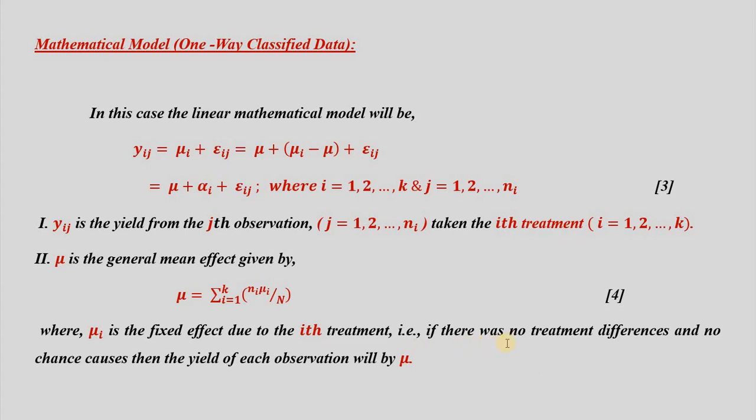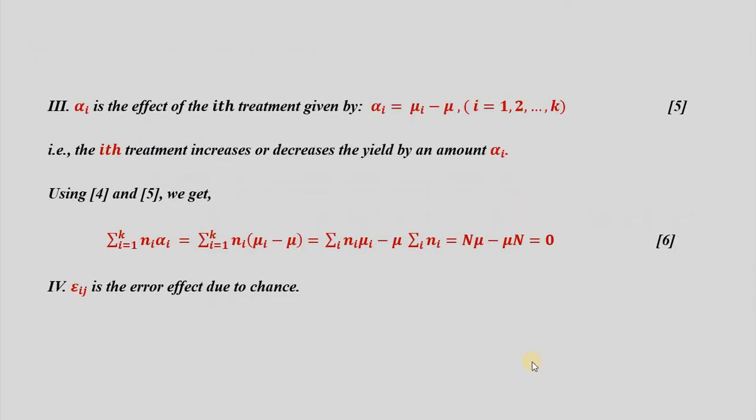That is, if there were no treatment differences and no such causes, then the yield of each observation would be mu. Then alpha i is the effect of the ith treatment given by alpha i is equal to mu i minus mu, i takes the values 1, 2, 3 up to k. That is, the ith treatment increases or decreases the yield by an amount of alpha i.